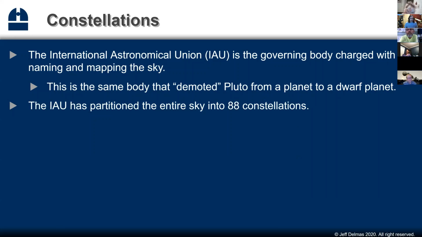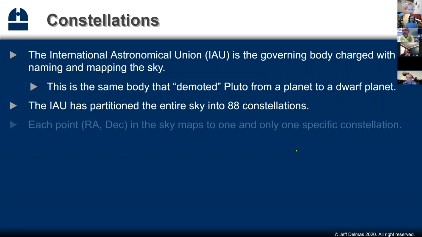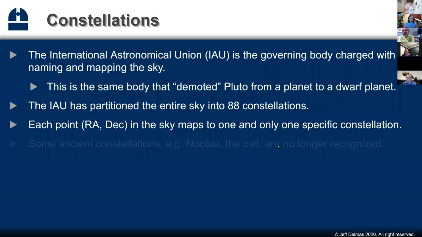So the IAU has partitioned the entire sky into 88 constellations. Now that's for both the Northern Hemisphere and Southern Hemisphere. We typically don't need to learn the southern ones, but you're welcome to learn them all if you want. And any point in the sky, RA and Dec, if you call out any coordinate, then that point is in one and only one specific constellation.